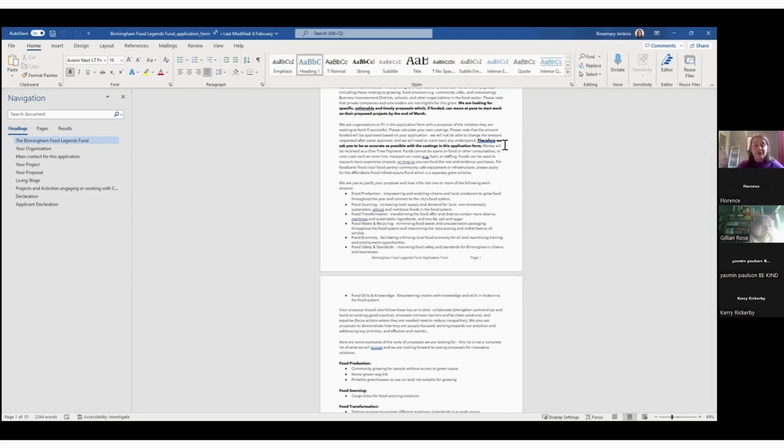However, if your project requires you to have, for example, someone to teach a cooking class, that can be funded. So that's the kind of core costs in terms of staffing. Again, please do clarify if you're not sure about that. I know that that one is a bit tricky and I have to get my head around it sometimes and work it out. But yeah, so core costs, no, but other things, yes.